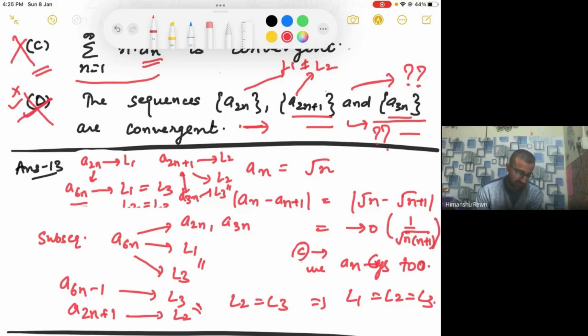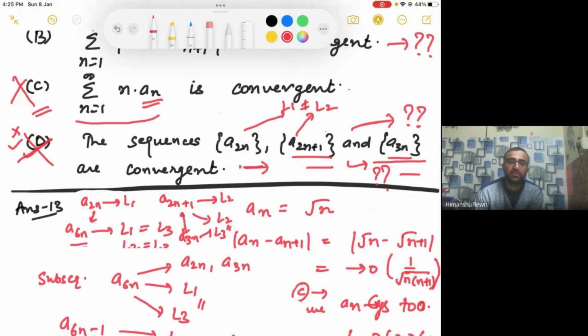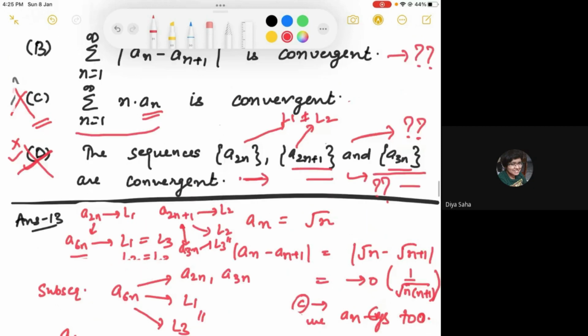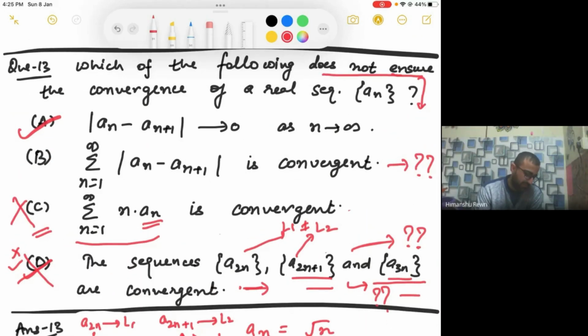So now tell me whether this part is clear or not. Yes, sir. Okay. So now the only part remaining is the B part. How will you do this B part? So this is a given statement. This is an easy statement.